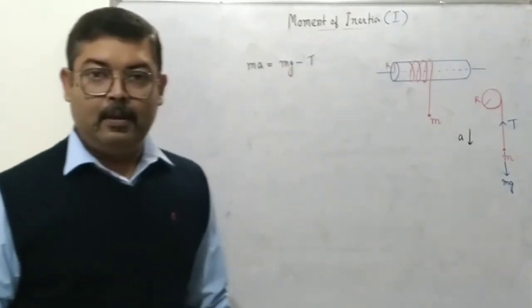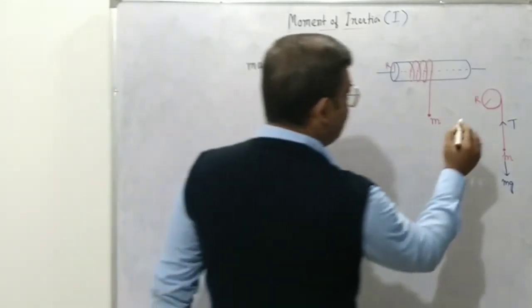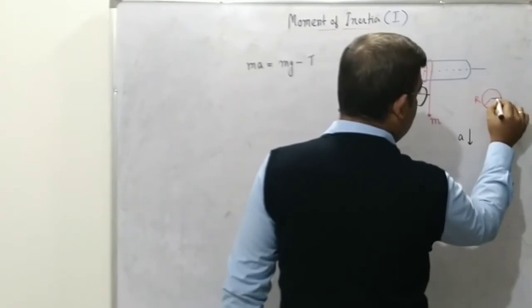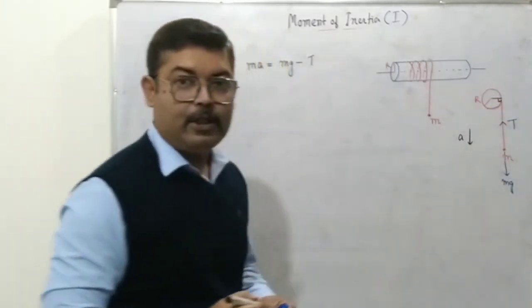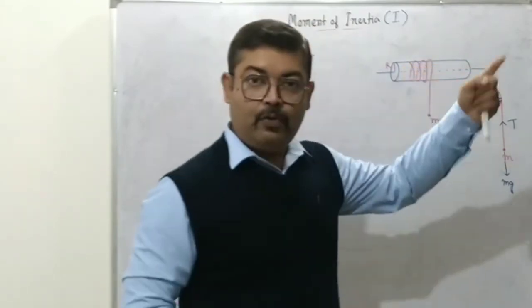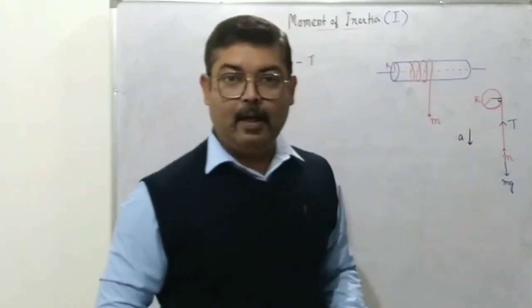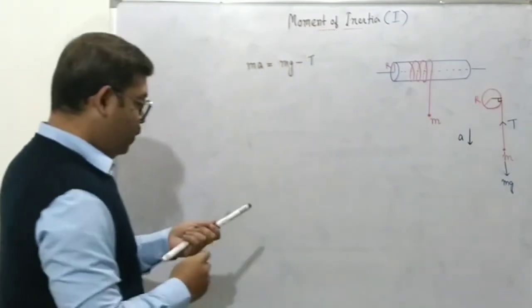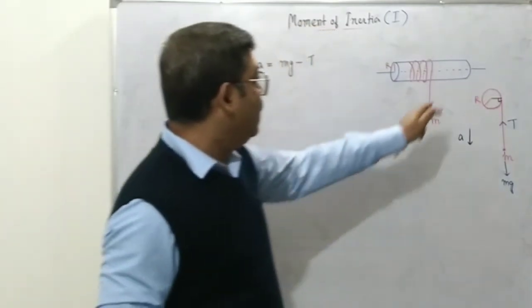Okay. Now, since this is the radius and this is the tension, they are at 90 degrees to each other, right? This tension is the cause of rotation of the cylinder about its axis, so it will produce the necessary torque in the cylinder.